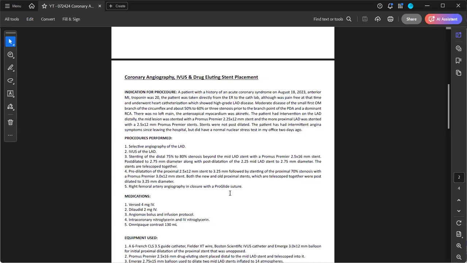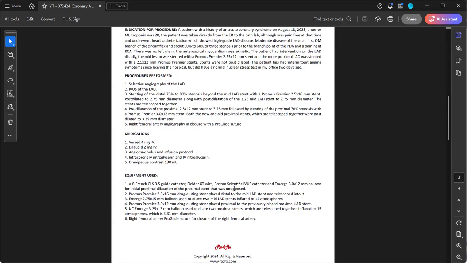Maybe they saw the patient and generated an H&P. So it is possible that the cardiologist may have additional information elsewhere in the medical record that supports medical necessity. You would want to look at other documents and do your due diligence if you don't find it in the operative report. But for this particular case, just on the operative report, we do not have that information.